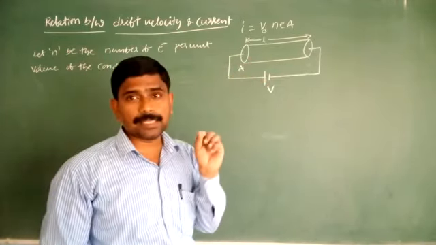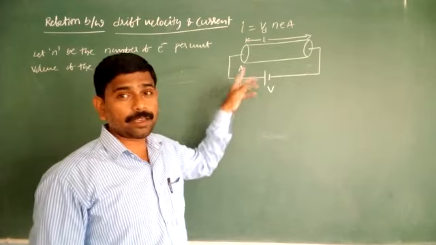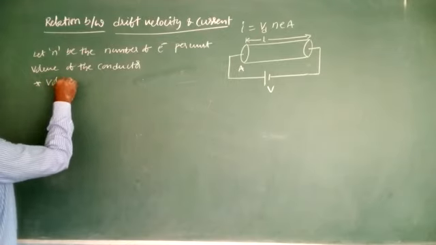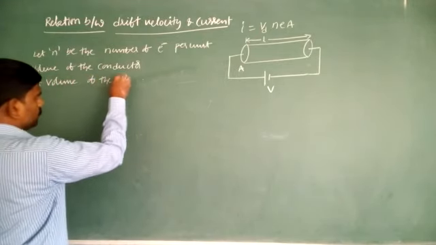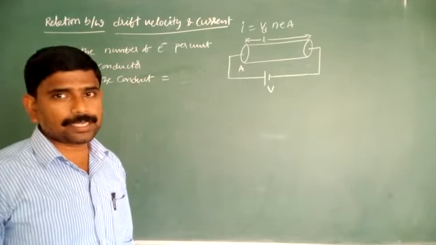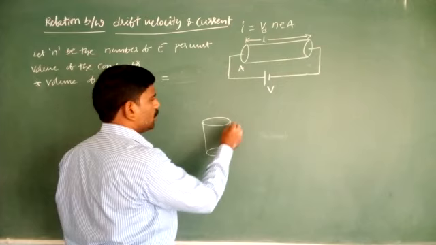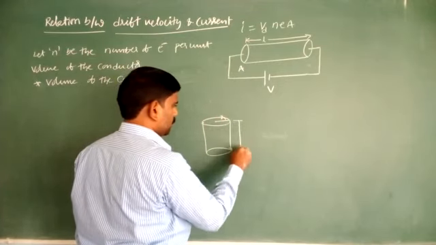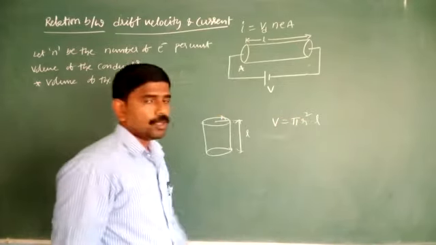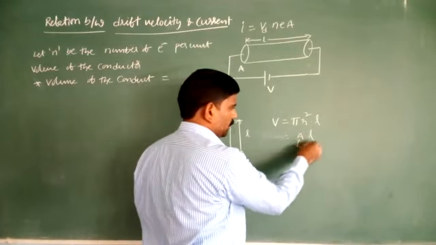We are taking a cylindrical shape having length L and area of cross section A. In case of a cylinder with length L and radius R, the volume is equal to πR² into L. So πR² is nothing but the area of cross section, into L, the length.